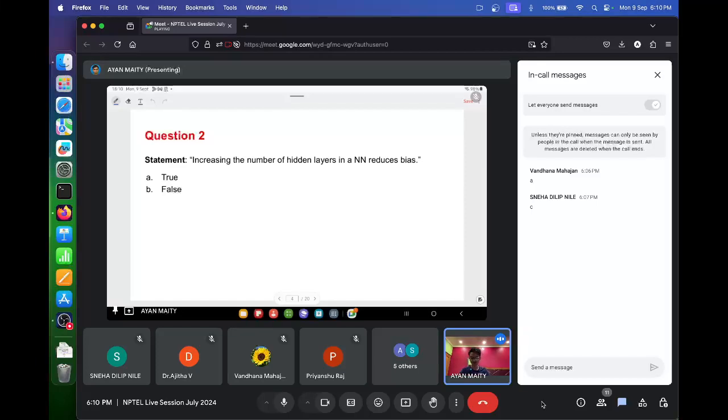Now question 2. A statement is given that increasing the number of hidden layers in a neural network reduces bias. So you have to state whether this statement is true or false.